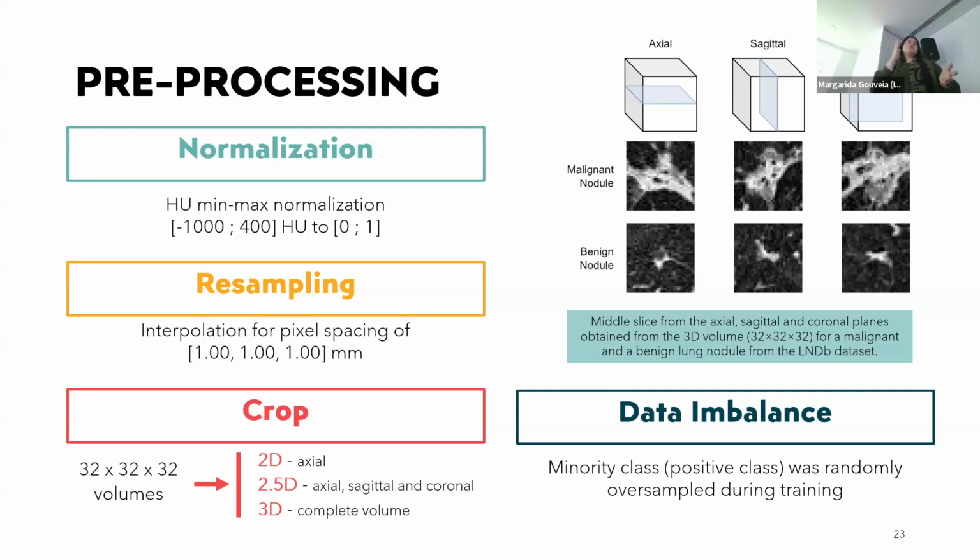So we can use 2D networks, but at the same time give the model spatial information about the nodule. And since the data set is imbalanced, we just oversample the minority class to balance the set to train.